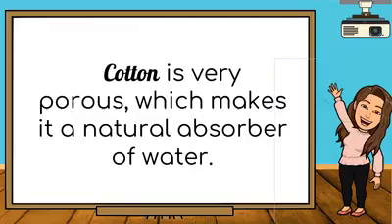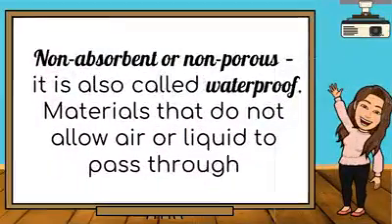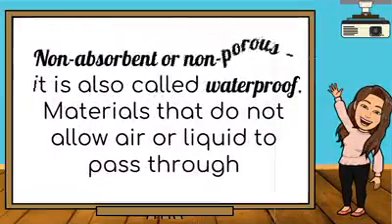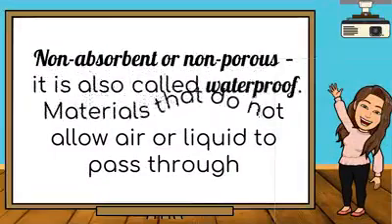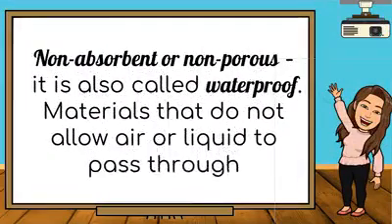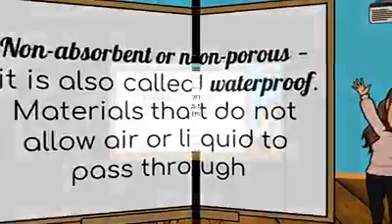Cotton is very porous, which makes it a natural absorber of water. And materials that do not absorb water are called non-absorbent or non-porous. It is also called waterproof, materials that do not allow air or liquid to pass through.